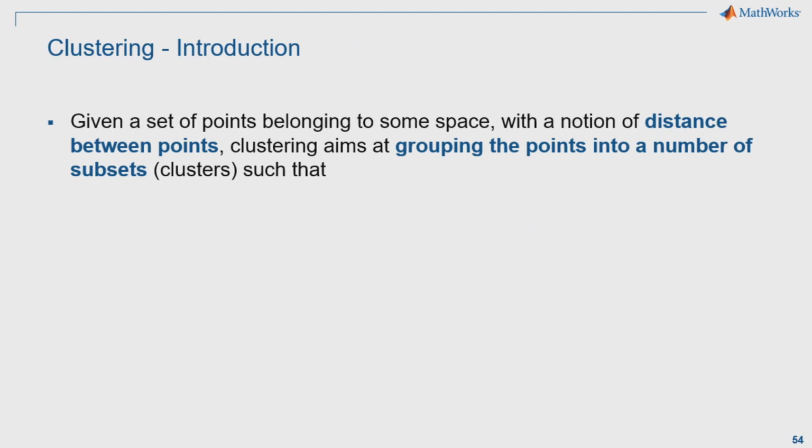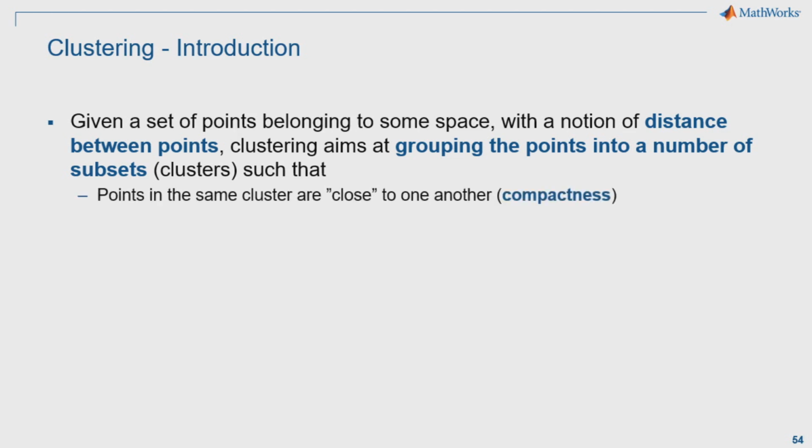So, given a set of points belonging to some space, here is the more formal definition. I have also written it with a notion of distance between points. Clustering aims at grouping the points into a number of subsets called clusters, such that some desirable features of these clusters are respected.